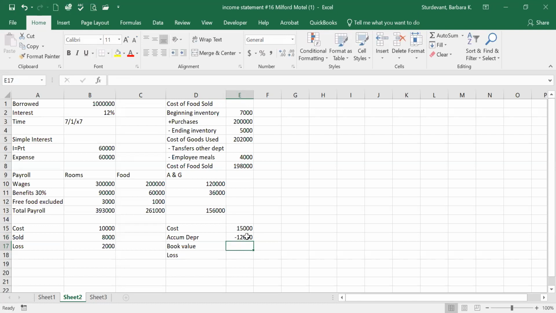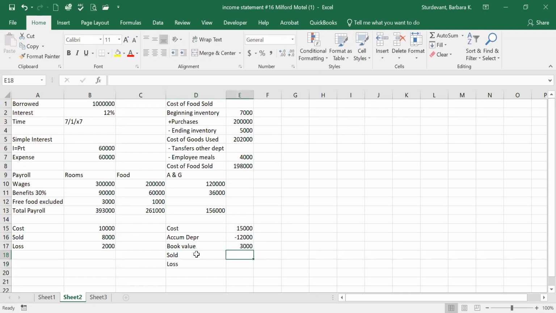That's going to give us our book value. Okay, cost minus accumulated depreciation is book value. Make sure you're okay with that, because when we start doing cash flows, we're going to get tons of those. And I got to know what they are.